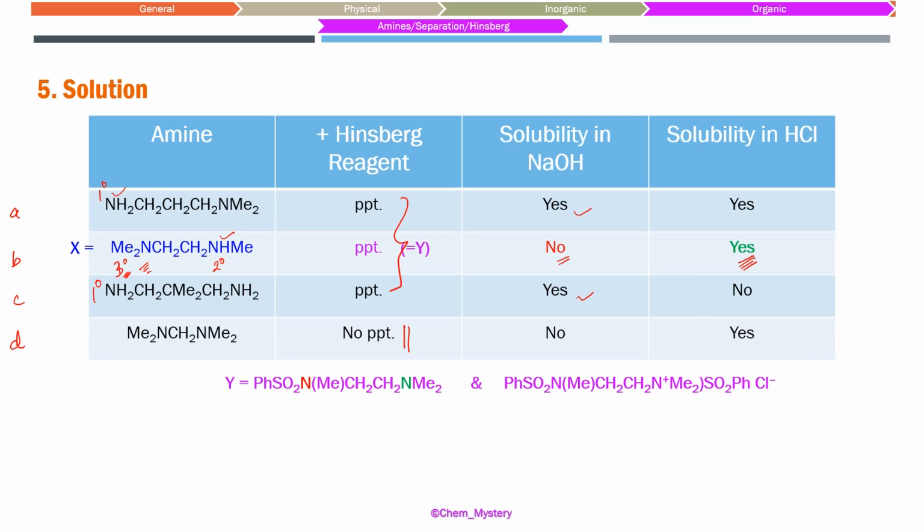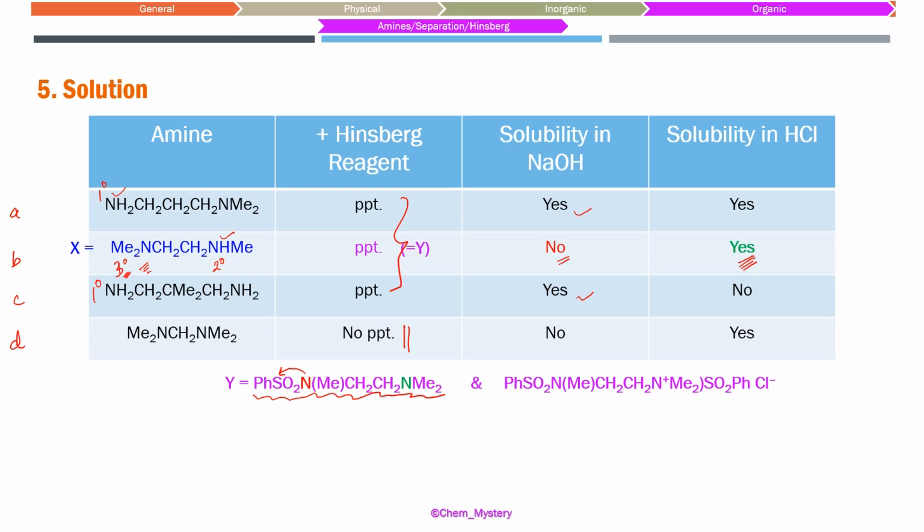And this tells us that the nitrogen's lone pair delocalizing onto the SO2 will not make it enough acidic, or not enough basic basically, but this nitrogen's lone pair is not going anywhere, so that is going to make it soluble in sodium hydroxide.